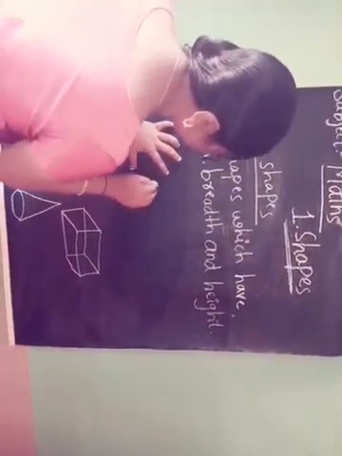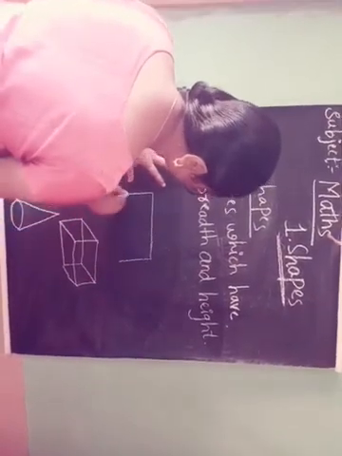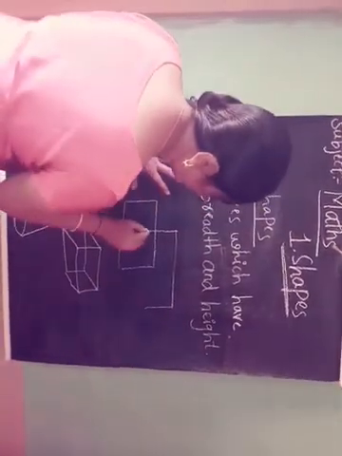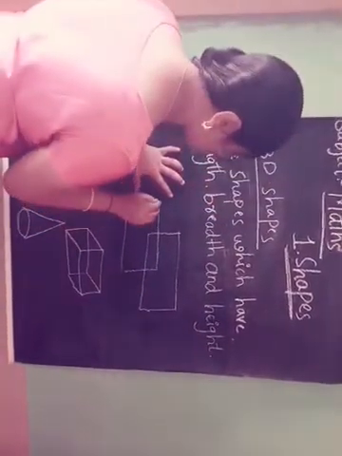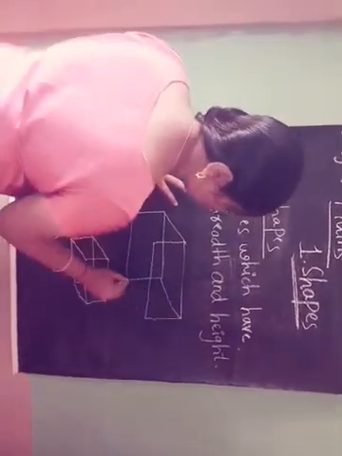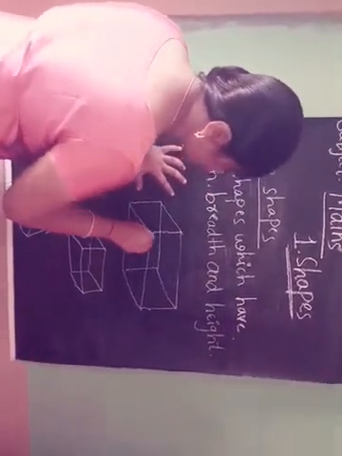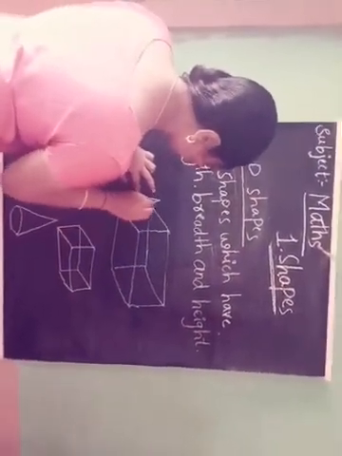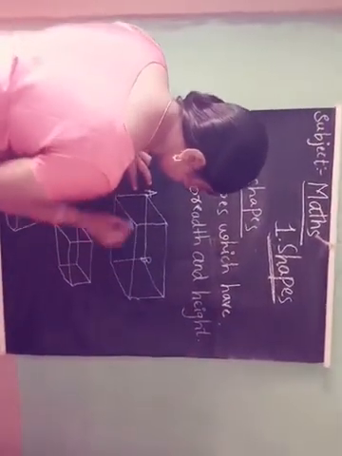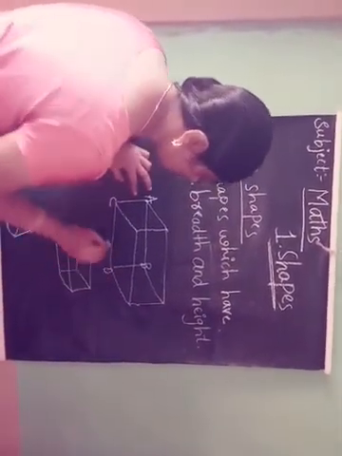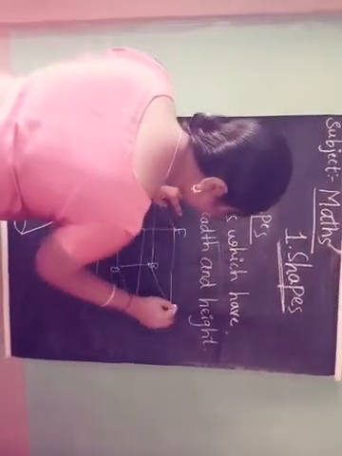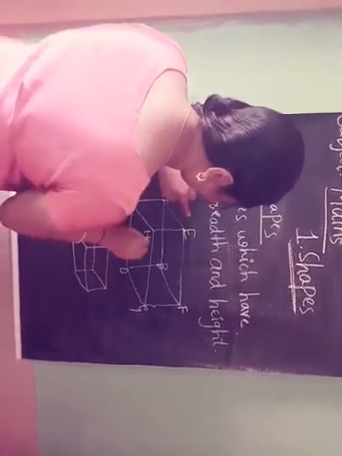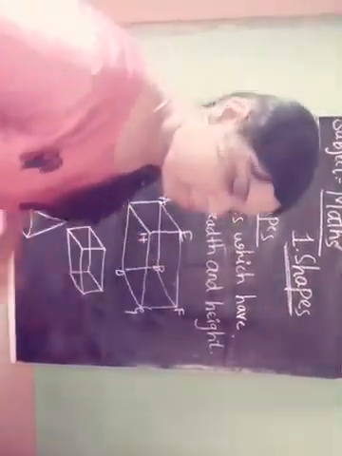Now I will draw one cuboid. This is a cuboid, not a cube. Now let me mention here A, B, C, D, E, F, G, H. I named them here.